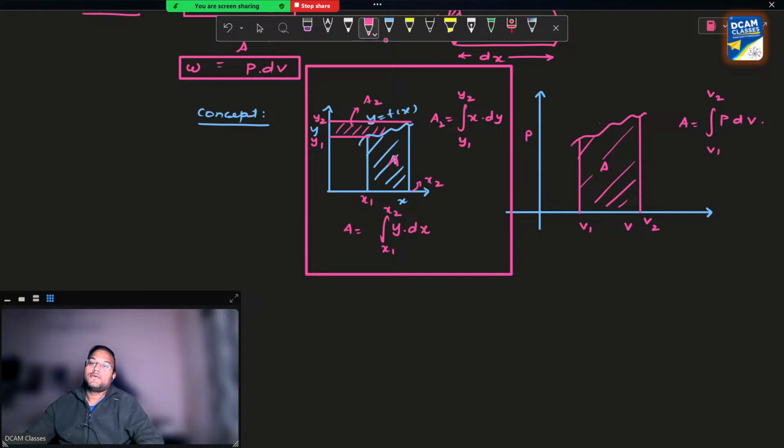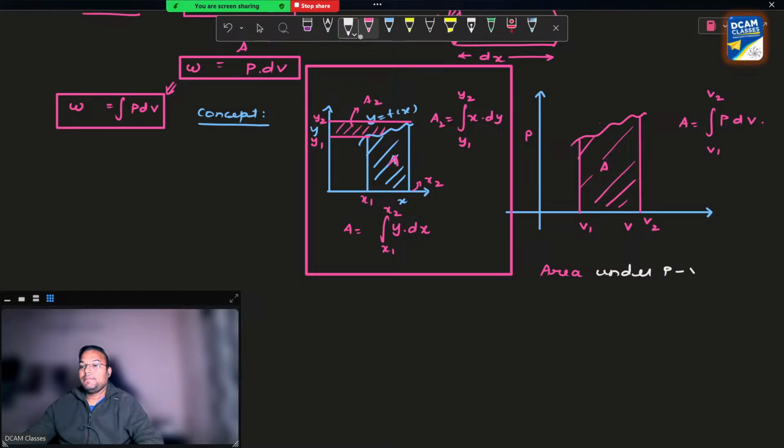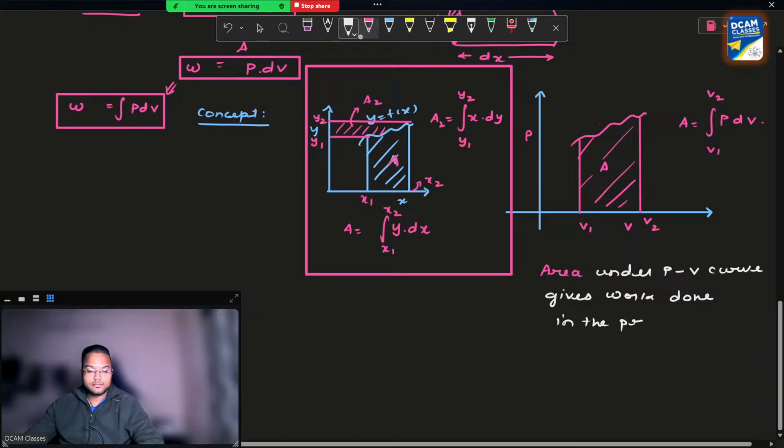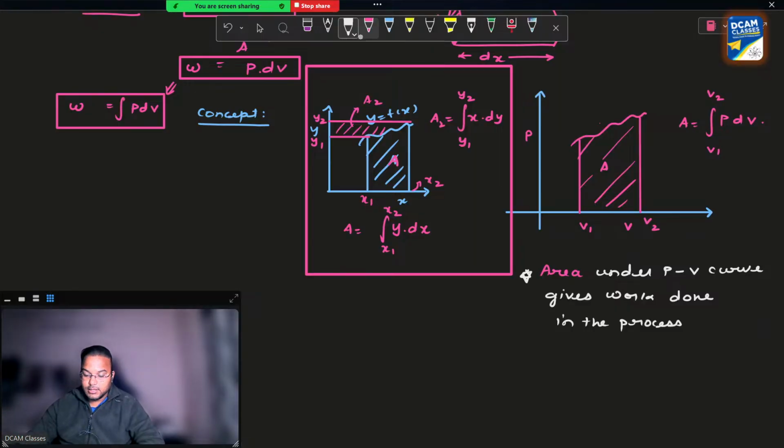And what is that integral P dV? It's the total work done, W. So what I am trying to say, area under PV curve gives work done. Clear? This is a concept. Understood?